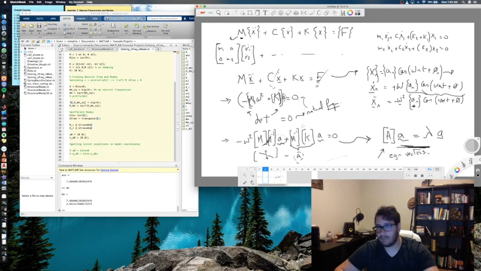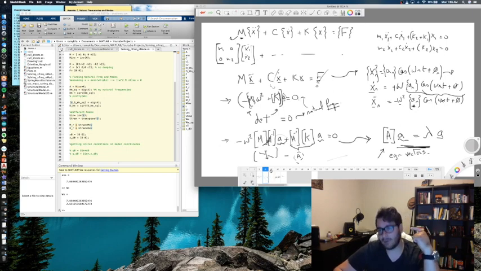So you can start putting in matrices, and MATLAB is great for that because it can just solve it for you. From there you get your eigenvalues, which are your natural frequencies, the oscillations the system wants to have at their respective degrees of freedom.